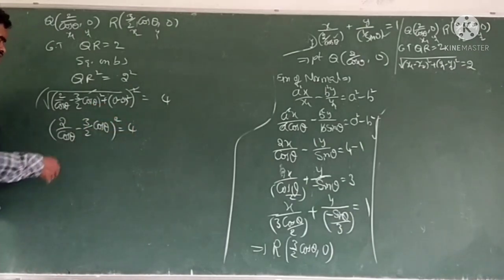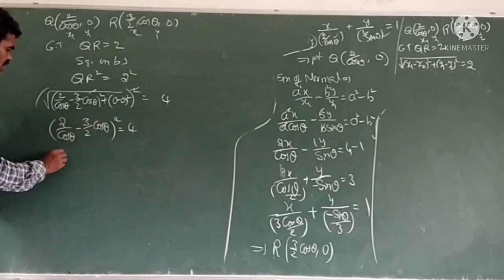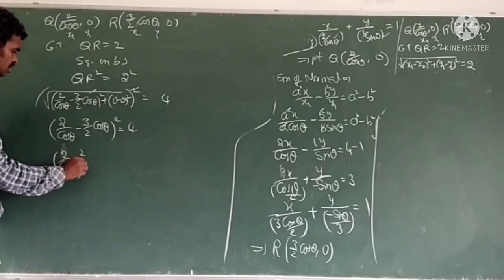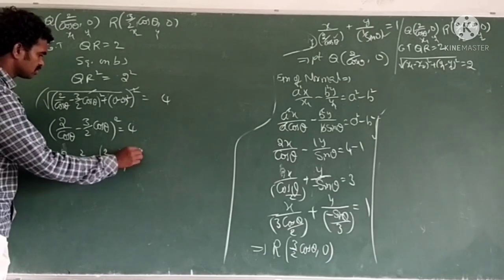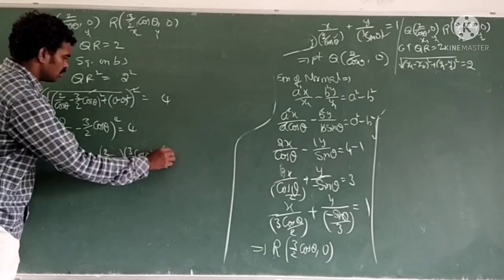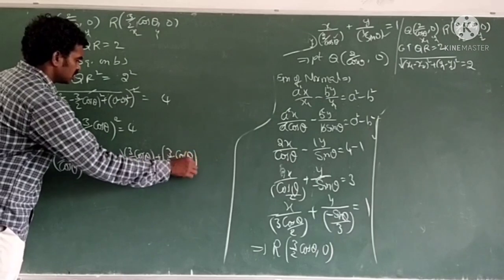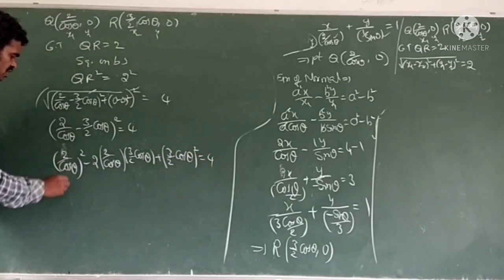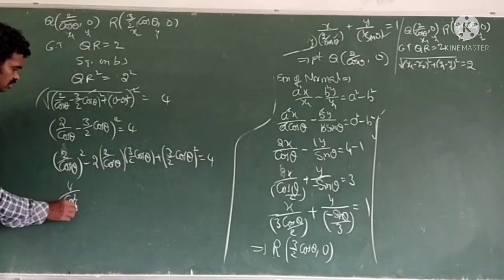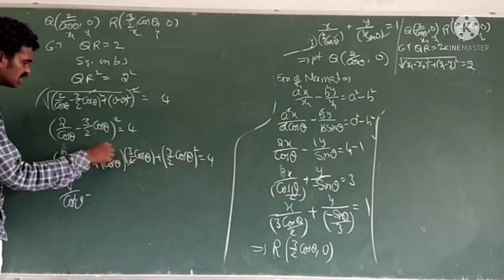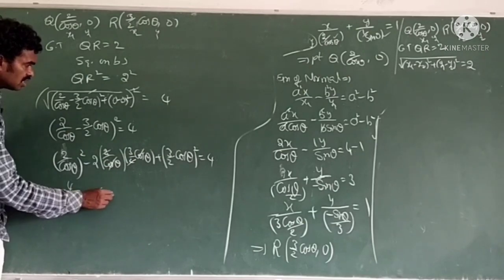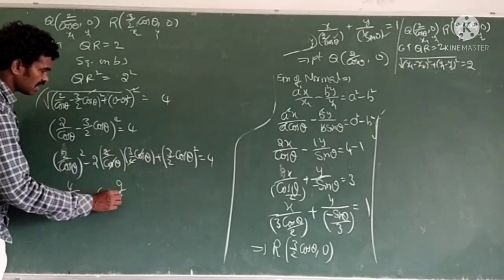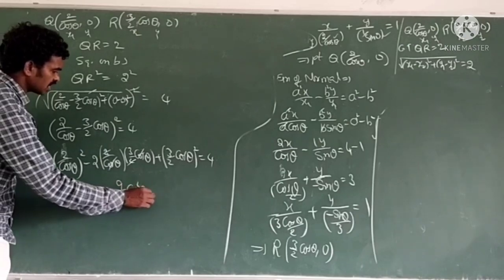We should simplify this using (a minus b) whole square, which is a square minus 2ab plus b square. So a square means 4 by cos square theta, minus 2ab, which gives 6, plus b square, 9 by 4 cos square theta, equal to 4.